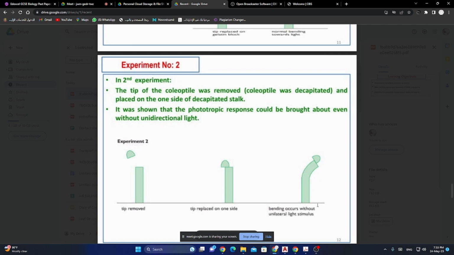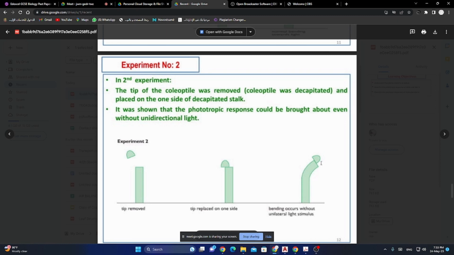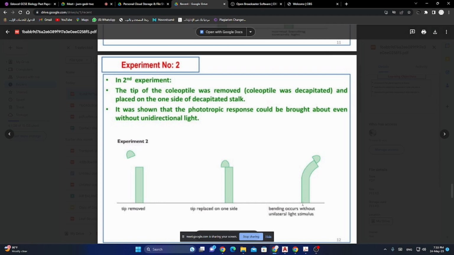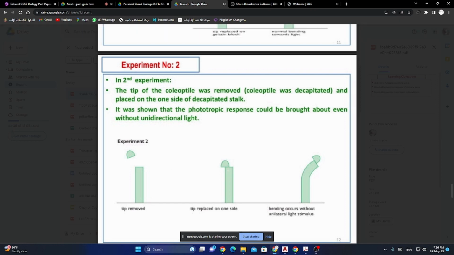Well, okay. So the reason in this case is because of a chemical that's only found in the tip of the shoot. It's only found in this part of the shoot. So when the shoot detects some kind of stimulus, let's say light coming from a certain direction, that chemical diffuses towards the part that has less light, right?